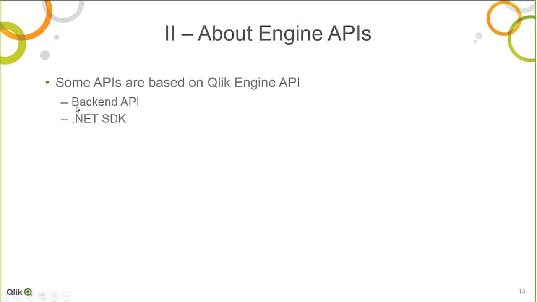Upon it, we have talked about the backend API, which is a JavaScript library that uses helper functions to call the Qlik Engine API to finish a certain job in an easy and quick way. And the .NET SDK is also a library, but it's a C# library based on the Qlik Engine API to provide a C# library to do the jobs easier.